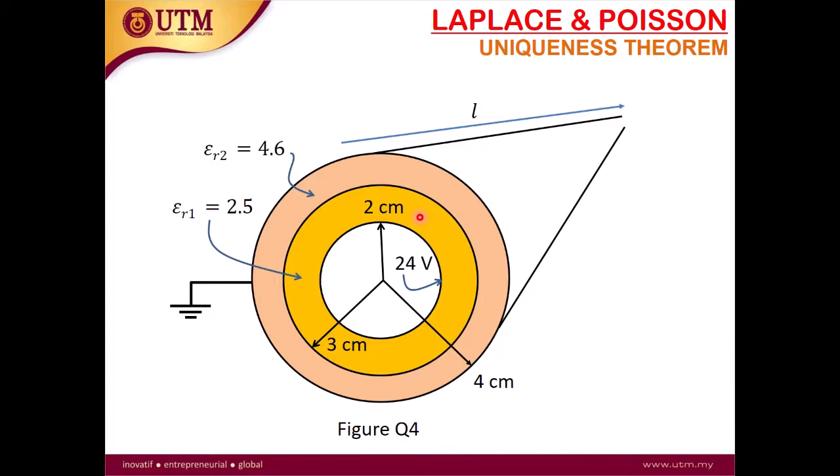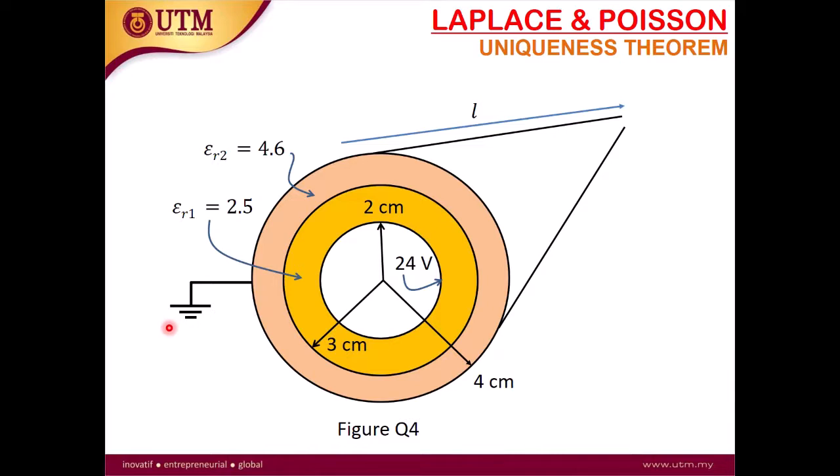But here we have a two-layer dielectric material: between 2 and 3 cm is a material with epsilon R1 equal to 2.5, and between 3 and 4 cm we have another material with relative permittivity epsilon R2 equal to 4.6. Then, the conductor at R equal to 2 cm is set to 24 volts, while the outer conductor is grounded. That is the situation.